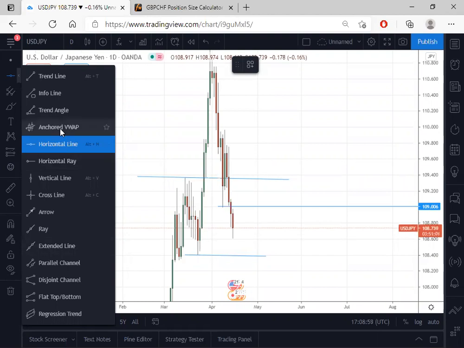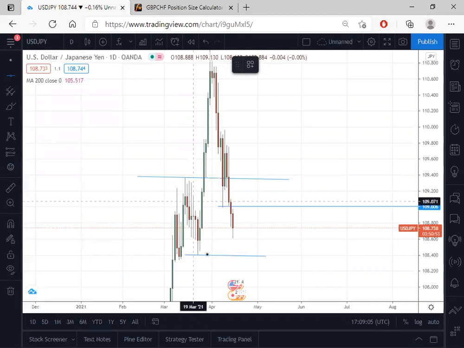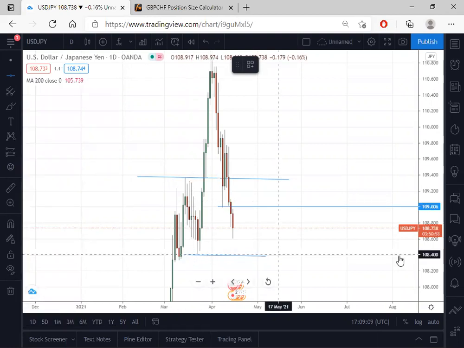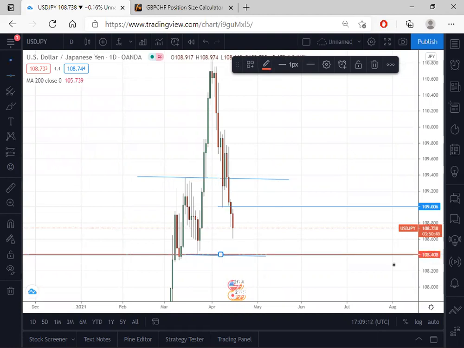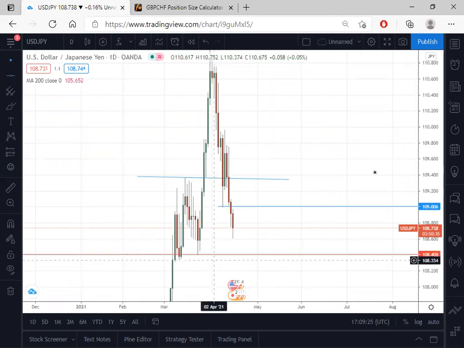Anchored VWAP, trend angles, a lot of technical stuff that you can find on here. But let's just keep it simple and use a horizontal line. So horizontal line, let's say at the swing low at 108.408, okay, 108.408. That's what we're looking to go long on the USD JPY. So as soon as the market reaches that point, that's where we take our buy.